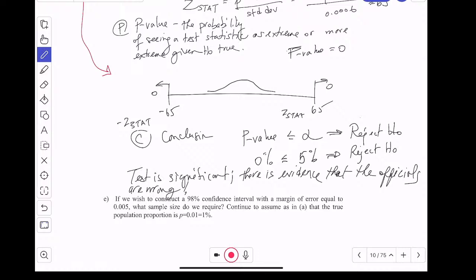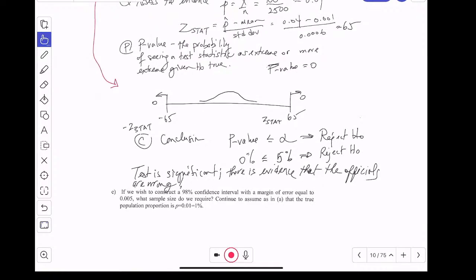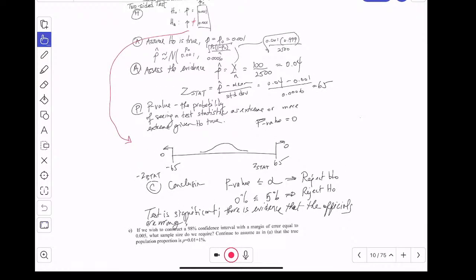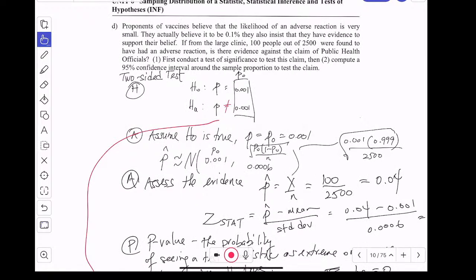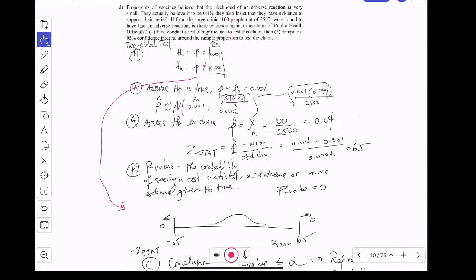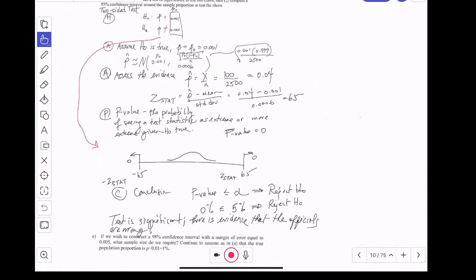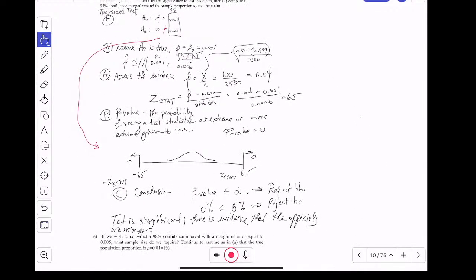Now the other way to solve this is suggested in the question. It says, first conduct a test of significance to test this claim, and I did that. Second, compute a 95% confidence interval around the proportion of the sample to test the claim. So we did the first part doing the 5 HAPSI steps. I'll leave it there if you still want to look at that.